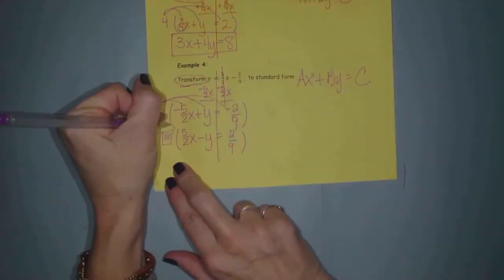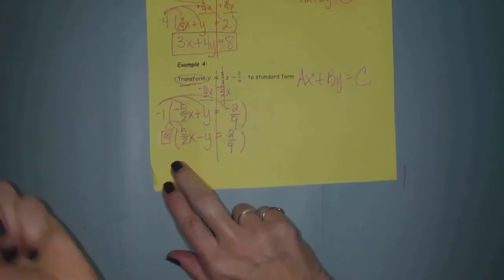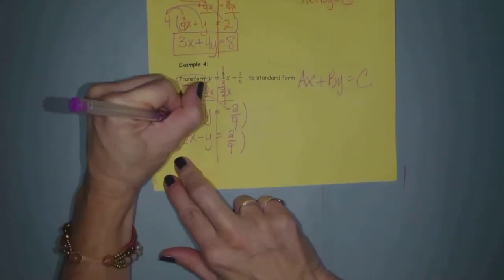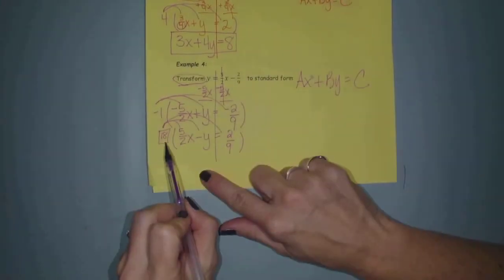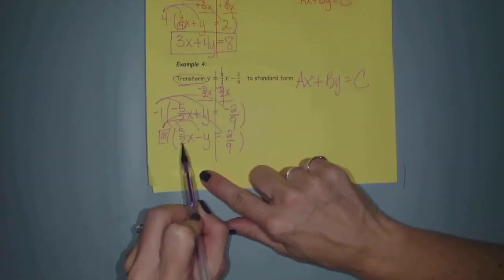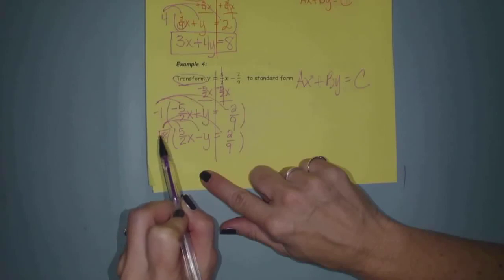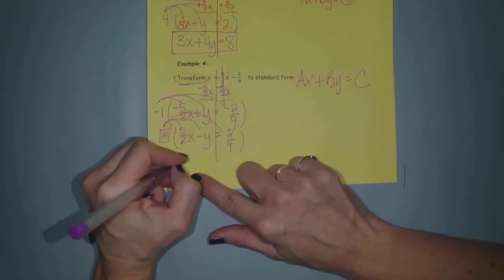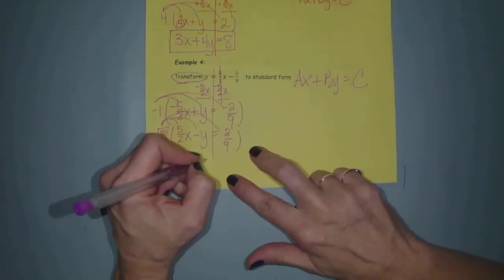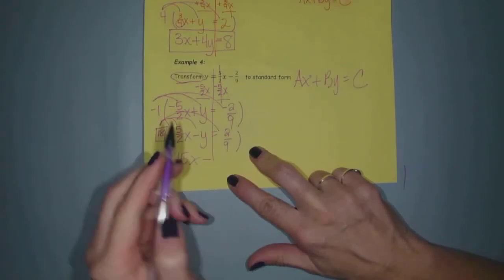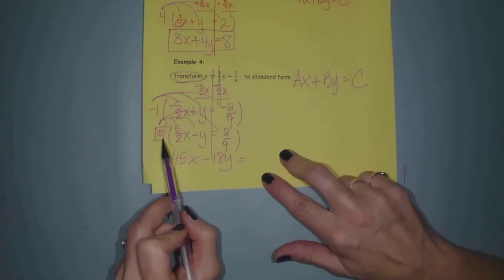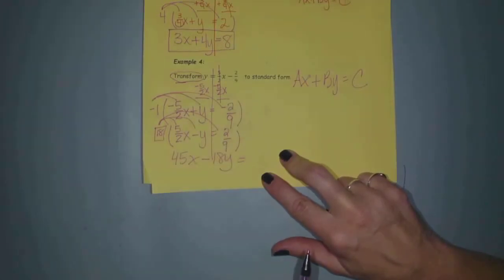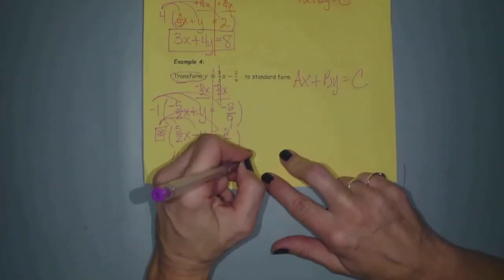So that's what we're going to do. We're going to take 18 times 5/2, 18 times y, and 18 times 2/9. So 18 times 5/2. Well, 2 goes into 18 9 times. 9 times 5 is 45x minus 18 times y is 18y. And 18 times 2/9 is 4, I believe.